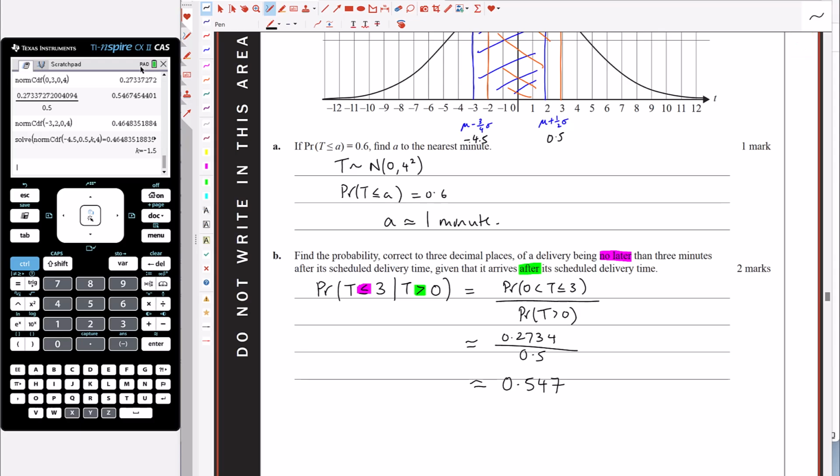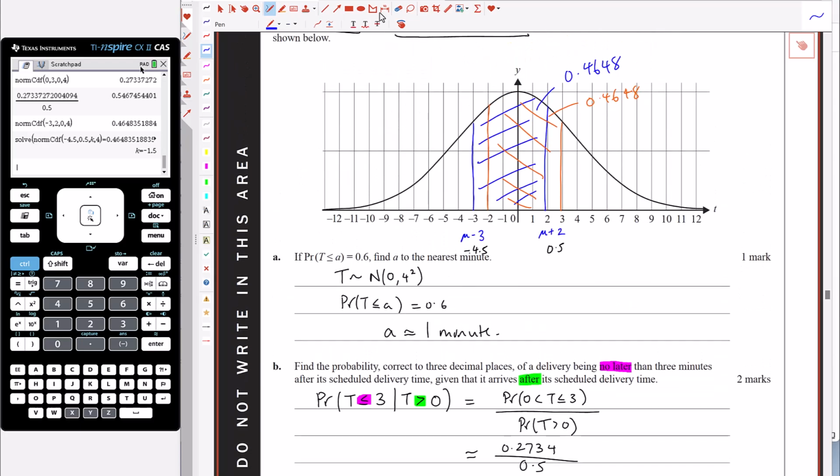Which essentially means that this is just the mean plus 2 and the mean minus 3, because the standard deviation is not changing. So actually, no, I don't think we need to flip it around at all.